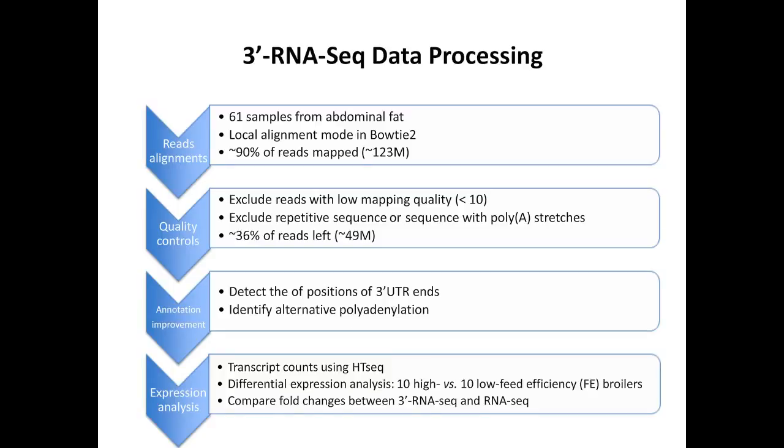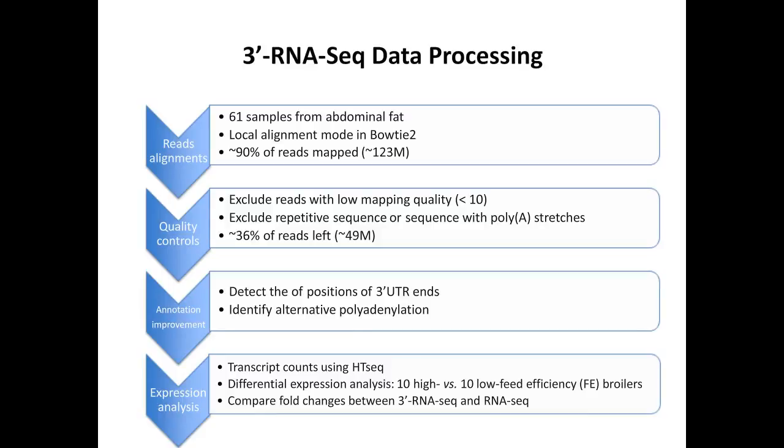In quality control, we excluded the low quality mapping reads, for example using a criterion of mapping quality less than 10. After that, we excluded repetitive sequences or sequences with a poly-A stretch.